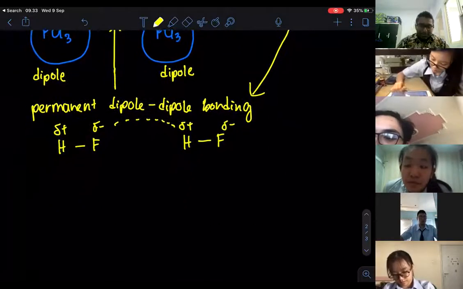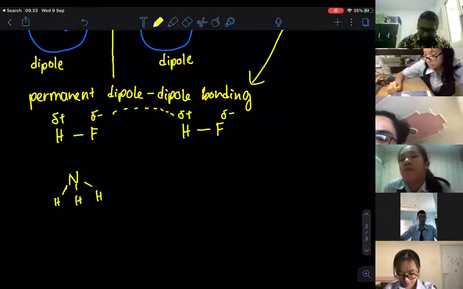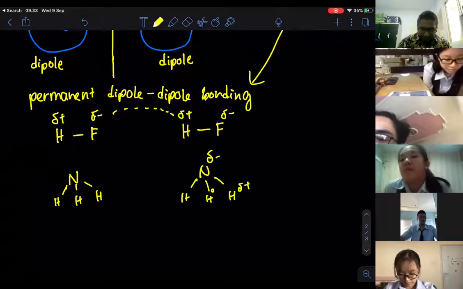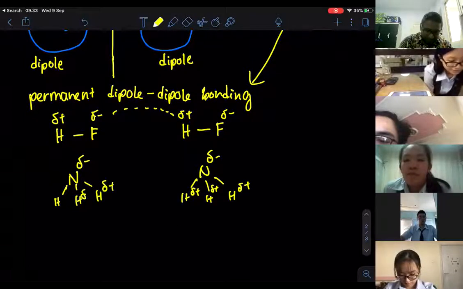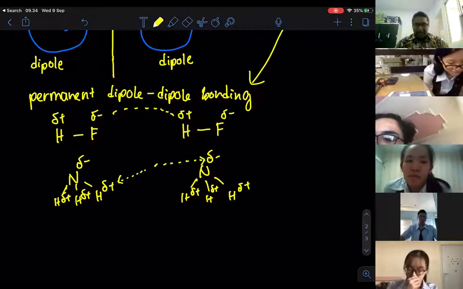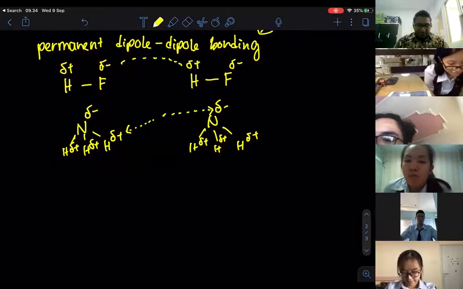I'll give you one more example. This is delta negative, delta positive, delta positive, delta positive, delta negative, delta positive, delta positive, delta positive. The bonding between this hydrogen and this negative is also permanent dipole-dipole bonding. I'll give you another example.